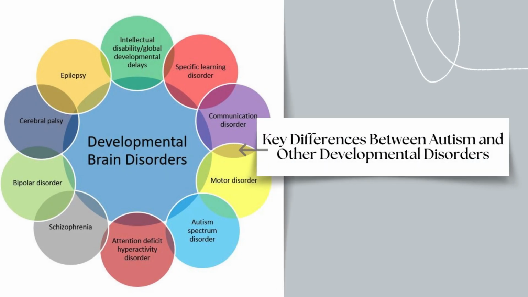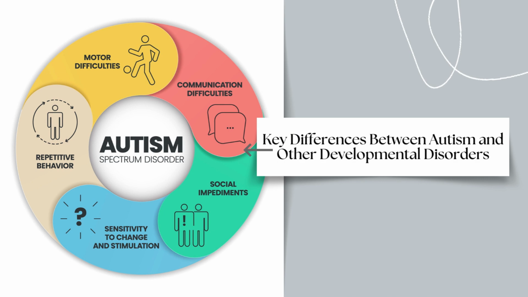Developmental disorders like attention deficit hyperactivity disorder (ADHD), intellectual disabilities, and learning disabilities may share some overlapping features with autism, such as challenges with social interaction or communication, but autism is visibly different in its pattern of social communication difficulties and repetitive behaviors.